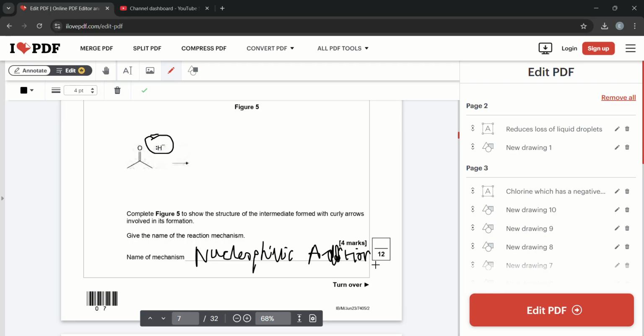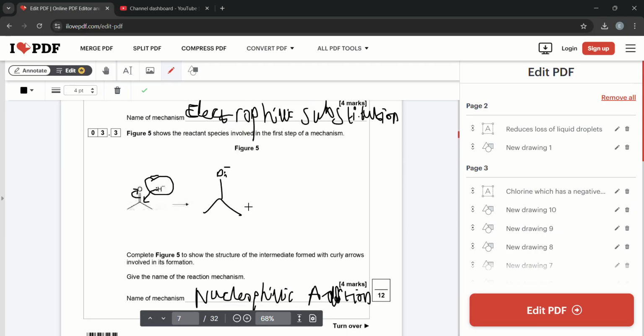And what is going to happen from the lone pair of electrons to the carbon, and from the middle here to the oxygen, what you form now is oxygen negative lone pairs of electrons, and it just wants the first step. So, oh yeah, it will not have the lone pair of electrons.